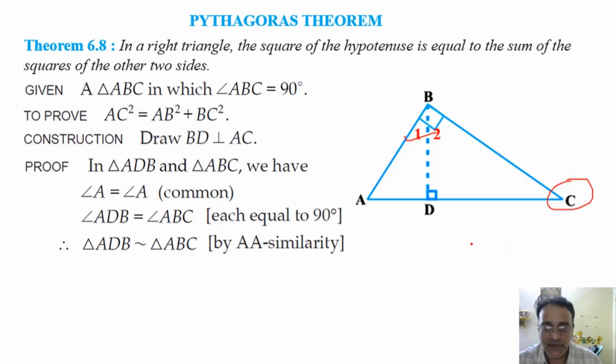Now first of all you tell me both the hypotenuse of both the triangles. इसका hypotenuse AB, AC, right, और इसका AC. So that ratio we will take. Another, what is the side opposite to angle 1?